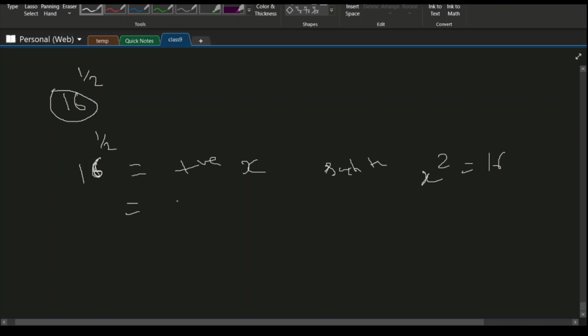So this will be written as 4, not minus 4, because the signs have to match. If there is a plus 16, I will accept only positive 4 here.